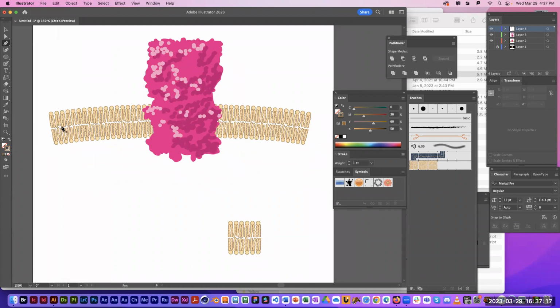Something that I'll frequently do is I'll draw another path. And rather than giving it a pattern brush, I'll just give it a color and then make it a much thicker stroke.